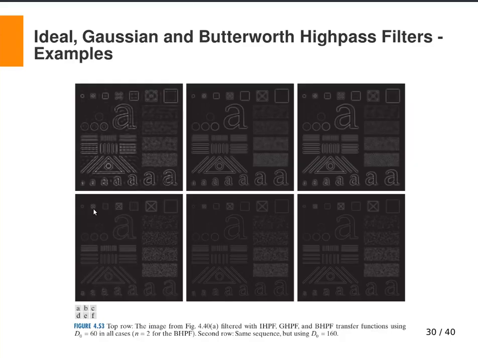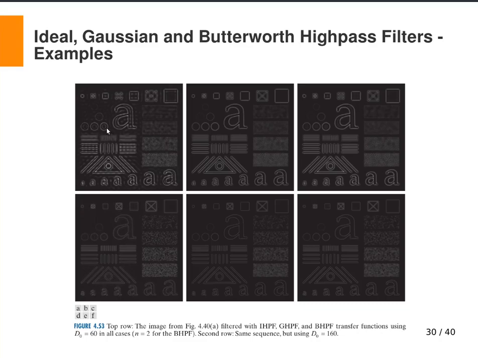So now let's see how these things perform in practice. On the top row we have the same image as before, which is filtered by an ideal high pass filter, Gaussian high pass filter, and Butterworth high pass filter using a cutoff frequency d0 of 60.